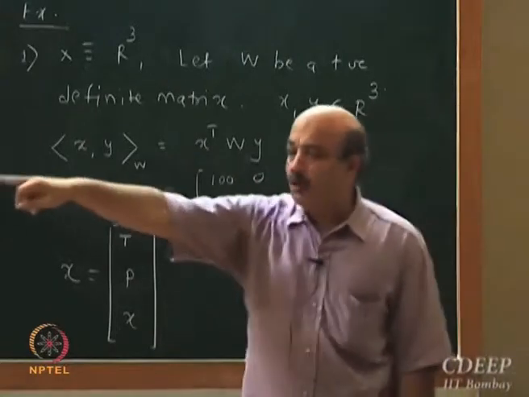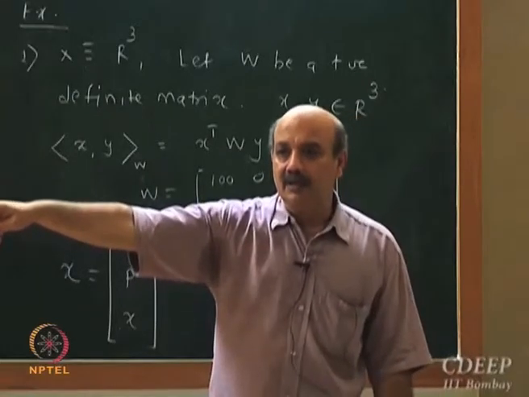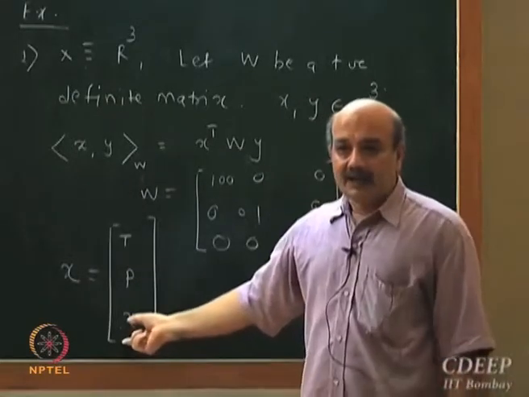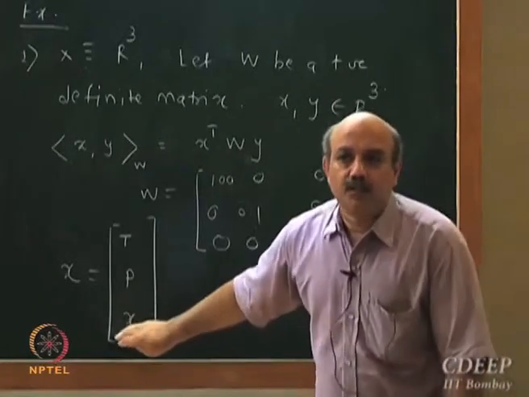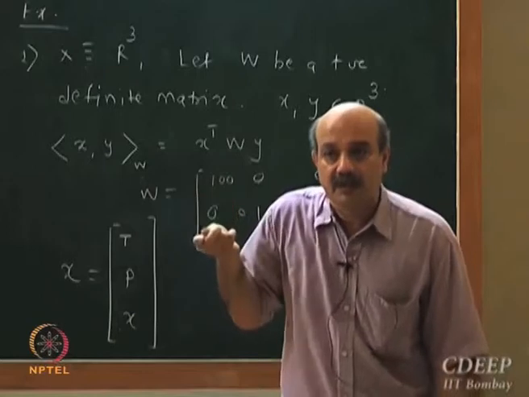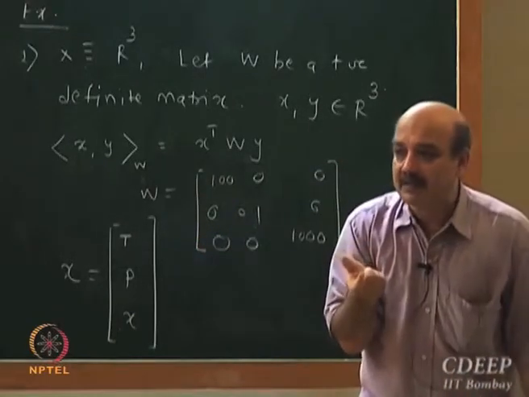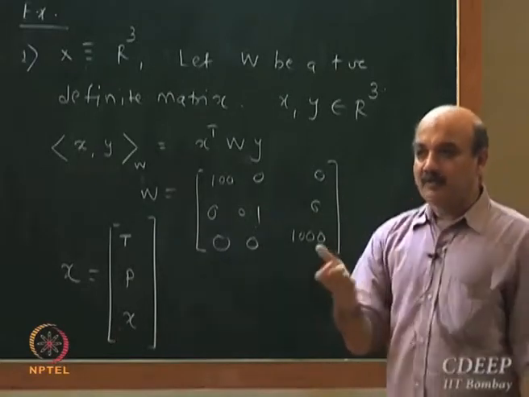If I use my good old way of defining inner product or length, I have trouble, because this mole fraction is always going to be a small number, and the square of it is going to be a smaller number. So many times I need to work with scaled variables.